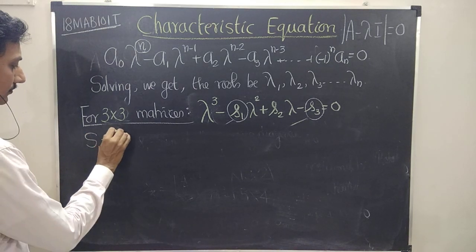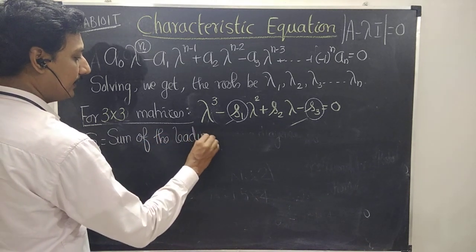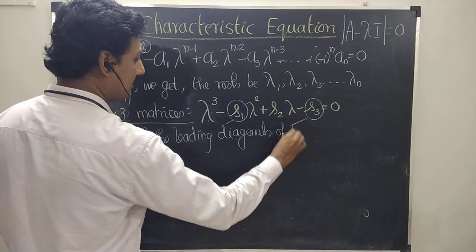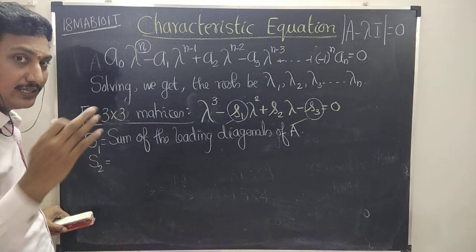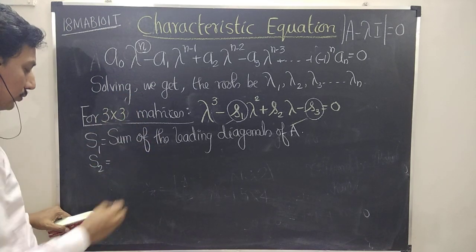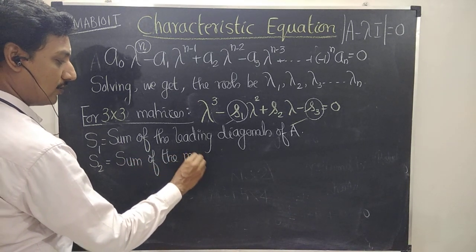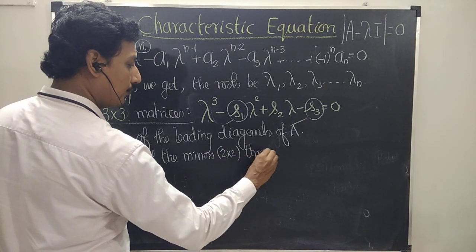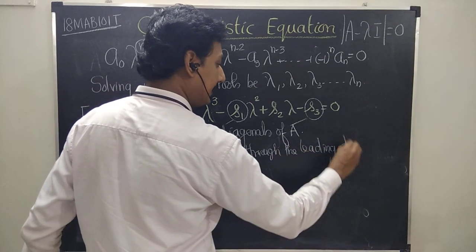S1 is nothing but the sum of the leading diagonal elements, often called the trace of the matrix. S2 stands for 2 by 2 matrix because the given input is a 3 cross 3 matrix. So 1 means 1 by 1 elements, 2 means 2 by 2 matrix. S2 is the sum of the minors, 2 by 2 matrices through the leading diagonals.